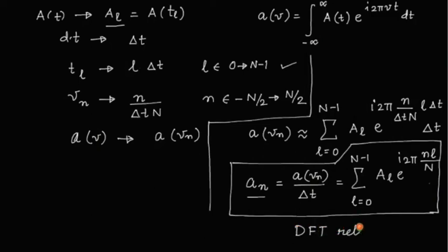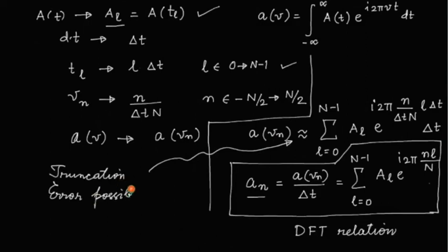Note that A_n is kind of the density of the function in the sense that you divide it by delta t. So you have to remember that when I define A_n, it is not just like here, which is capital A as a at t_L. It is small a at the frequency nu n divided by delta t. Okay, and then you also realize that there is a chance of truncation error here.